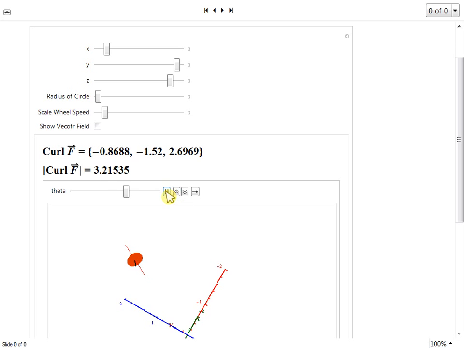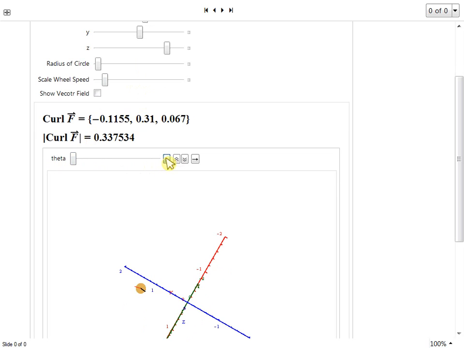Compare that to another point somewhere else in here. I want to get smaller. There we go, 0.33. Look how slow that rotation is.